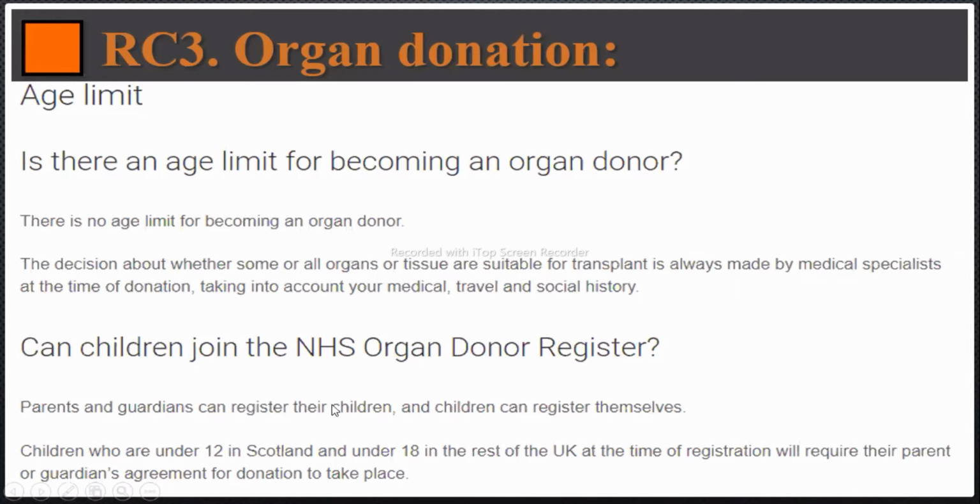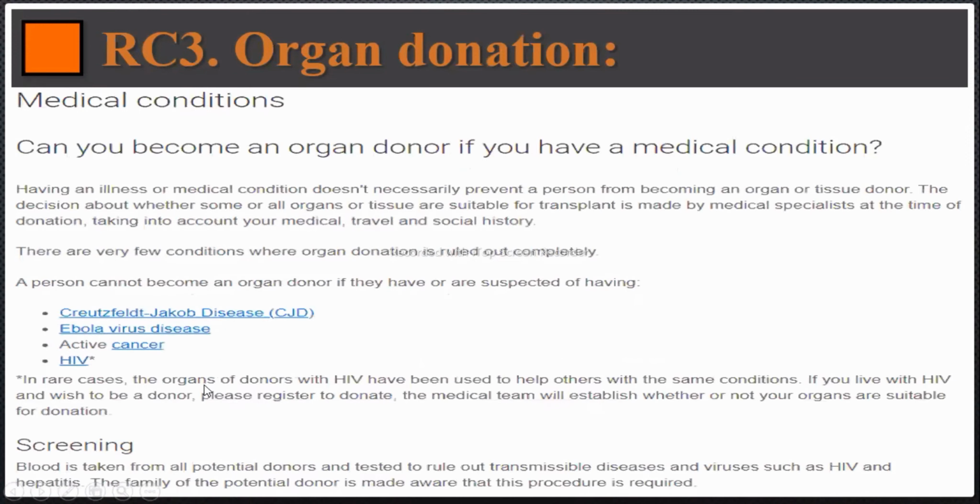So donation is available for all, but registration to donate is available if above 12 in Scotland or above 18 in the rest of the UK, with consent from the guardian or parents.